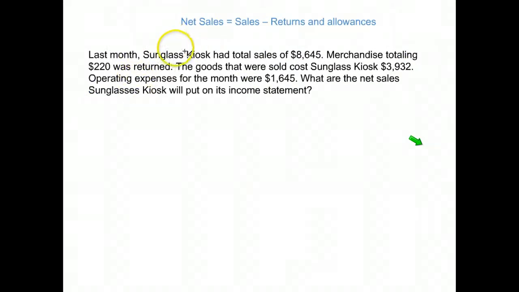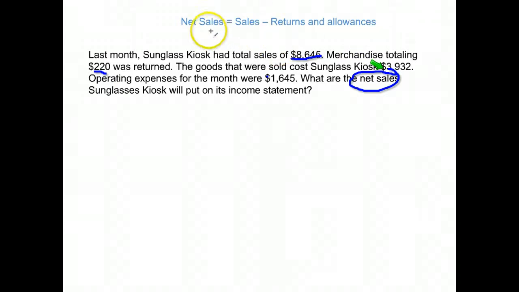All right, last month, here's that sunglasses kiosk. Their sales were $8,645, and they returned $220 in returns. So then it has the cost of goods sold. It gives operating expenses, but notice what they're asking here. It says, what are the net sales? Okay, so we don't need to go clear to the end of this one and find our net income. All they want is the net sales.